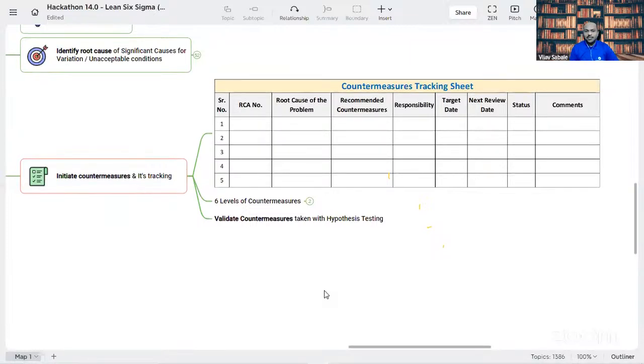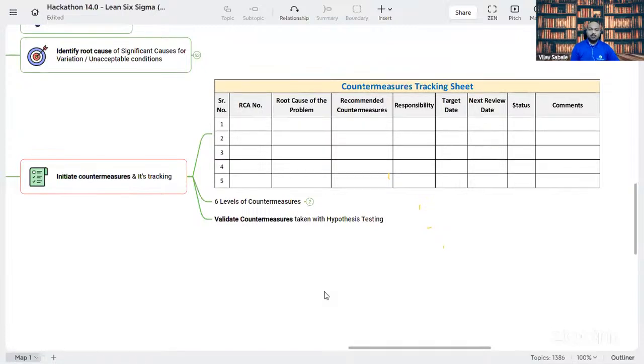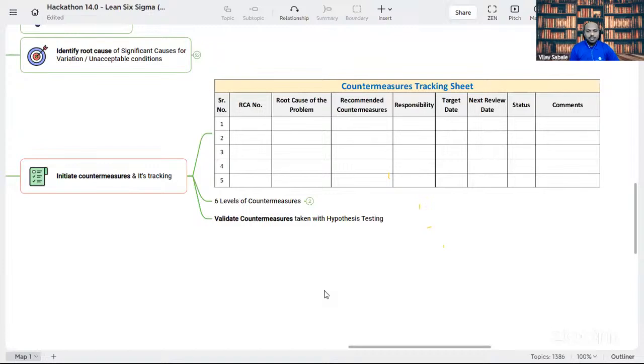This is a very powerful tool, and we also need to use it here to validate countermeasures. Whatever countermeasure we have executed, whether it is effective or not, we need to check with the help of hypothesis testing. How can we check? We see the earlier scenario and the after scenario, and whether there is any significant change. So we need to collect the data, and based on that, we can say whether our countermeasure is effective or not.